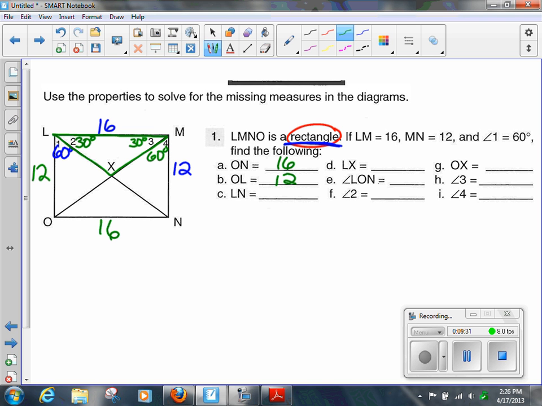They are isosceles triangles. I've got two pairs. This green triangle at the top is congruent to this triangle at the bottom. So that means if angle 2 is 30 degrees, then what is this angle right here? And that one's 30, and the other one is 30 as well, isn't it?